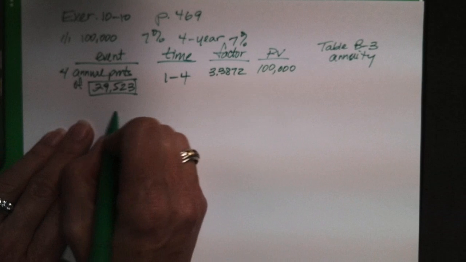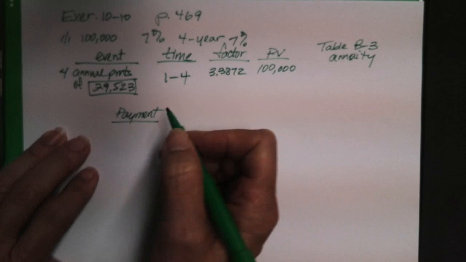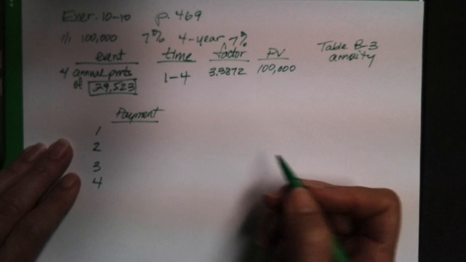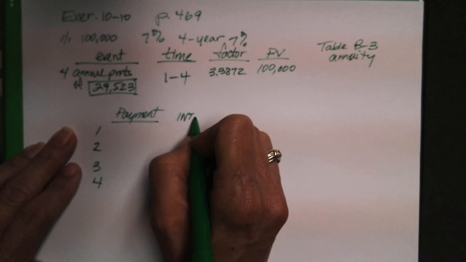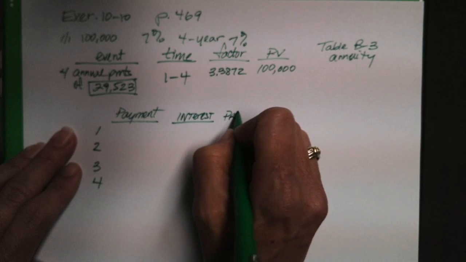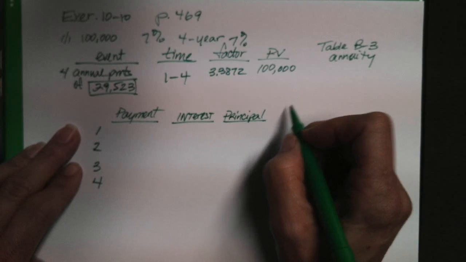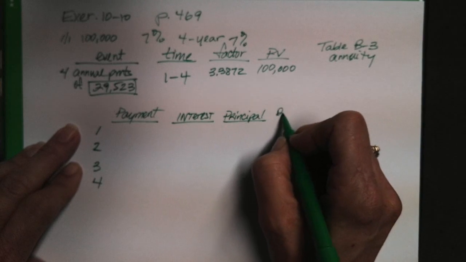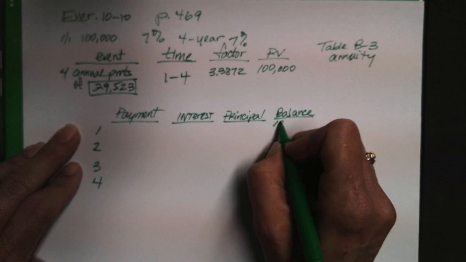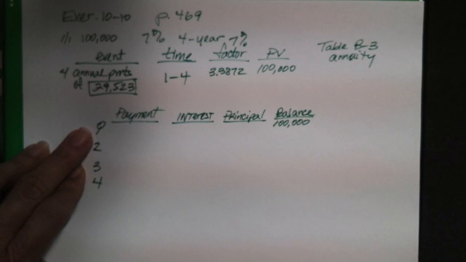I set mine up with the total payment, the years down the side, how much of that payment is interest, how much is principal, and then the moving balance. Your balance is changing every time you make a payment. We start out with $100,000 as the balance of the note at time 0.